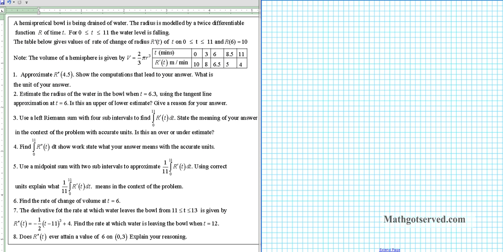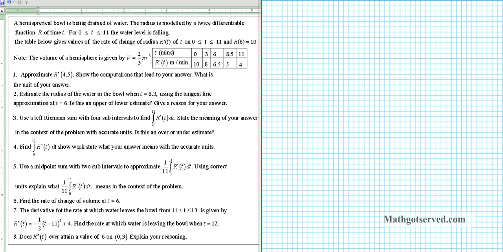It says a hemispherical bowl is being drained of water. The radius is modeled by twice differentiable function r of time t. For 0 less than or equal to t less than or equal to 11, the water level is falling.